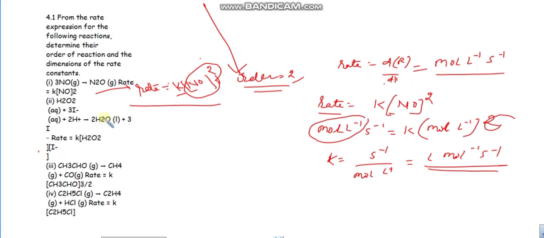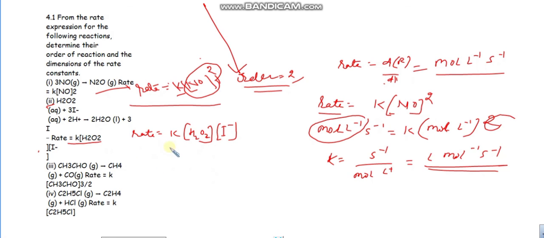We can find out. Now for this second part, what is the rate here? Rate is equal to K into concentration of H2O2 into concentration of I negative. This one. Okay.